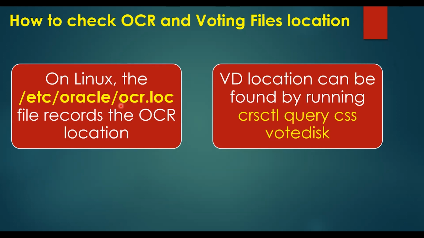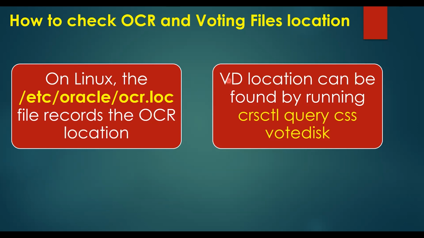If you want to know the location of OCR, you just have to run the cat command on this location, /etc/oracle/ocr.loc. It will provide you the exact location. We'll verify this part in this session only.